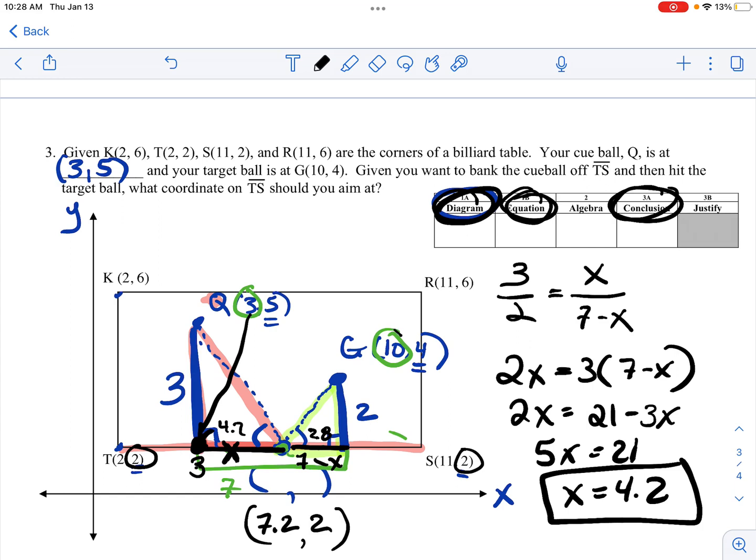I could also do it the other way. I know that this dot right here is 10. And if I go backwards 2.8, 10 minus 2.8 is, oh my gosh, 7.2. So my answer is that is the point that I would have to hit to make the ball hit my target ball. All right. Next one.